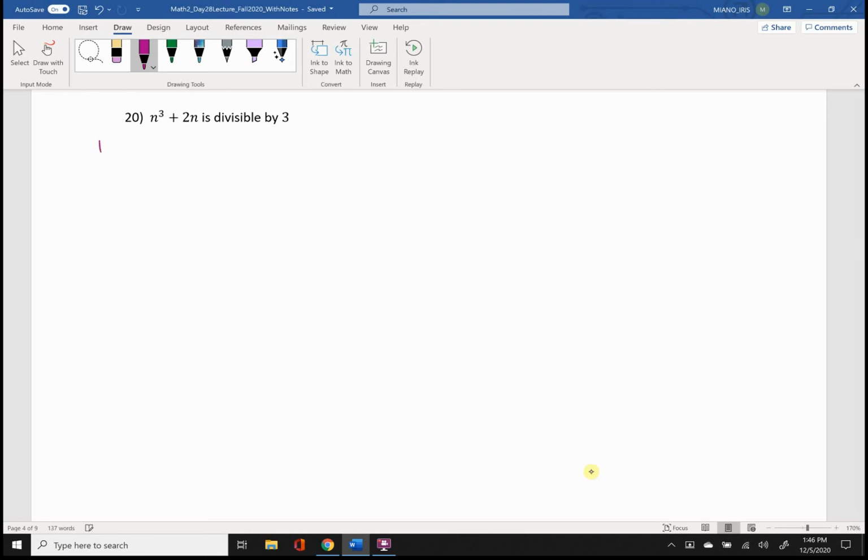You still want to, step 1, show n equals 1 is legit. I don't want to put a question mark there. I want to show it. I'm pretty confident that it's going to be divisible by 3, but let's show it explicitly.